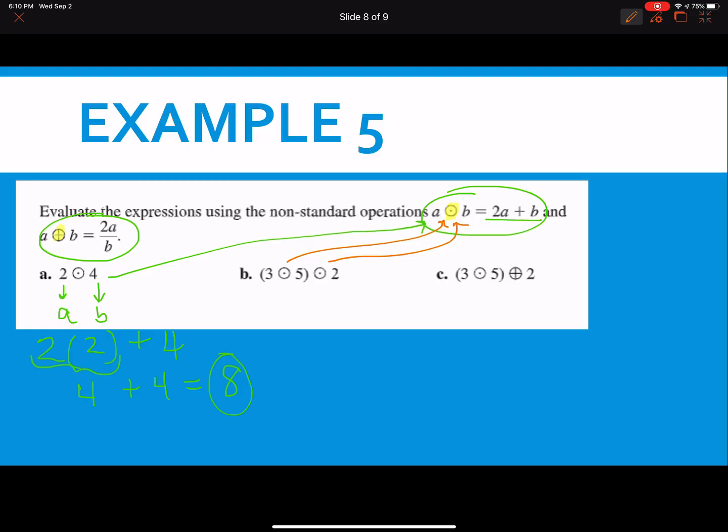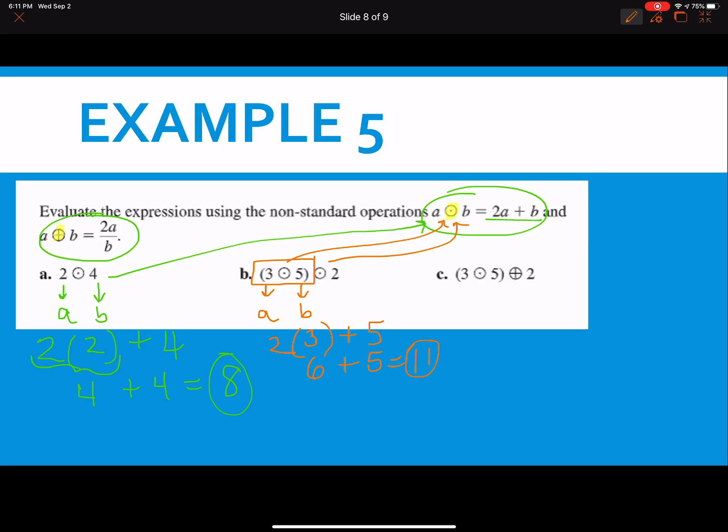The first step in part B is similar to A. So I'm going to substitute 3 in place of A, and I'm going to substitute 5 in place of B. So then I would have 2 times 3 plus 5. Now notice this is just going to be my first step in this problem because I'm only solving this first. So I have 6 plus 5, which equals 11.